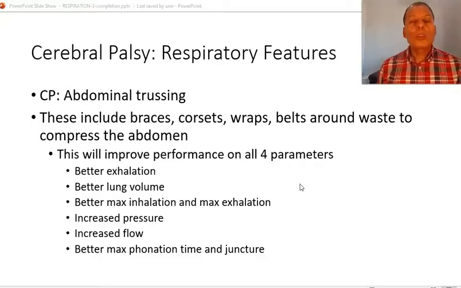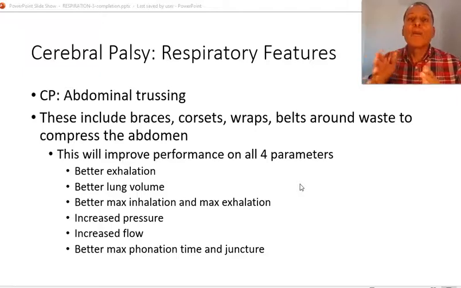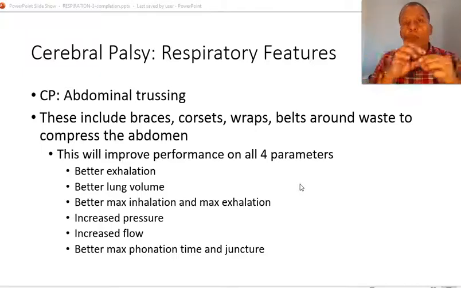So this is going to improve all the 4 parameters, and that will result in better exhalation, better lung volume, better maximum inhalation and exhalation, and in turn that is going to improve pressure and airflow, and will maximize phonation time and the ability to pause at the predicted positions when you speak.